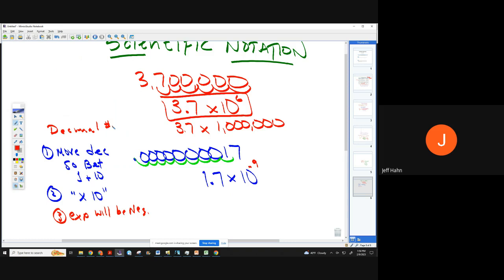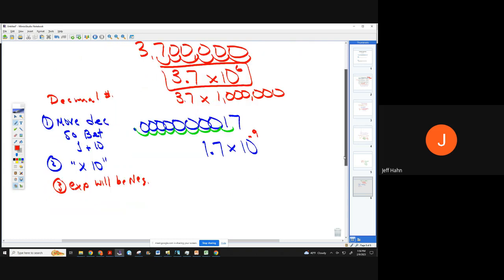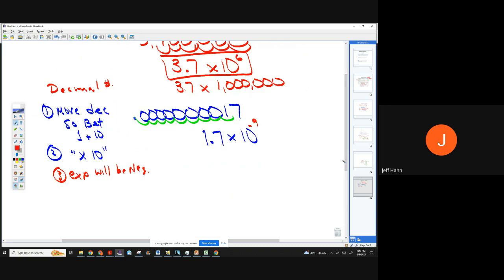Now, for those of you who want, because inquiring minds want to know, why is it negative? Because of this. Remember, if I were making this positive, what would I make? 1 over 10 to the 9th power, right? Well, 1 over 10 to the 9th power is 1 over 1 with how many zeros after it? 1, 2, 3, 4, 5, 6, 7, 8, and 9.